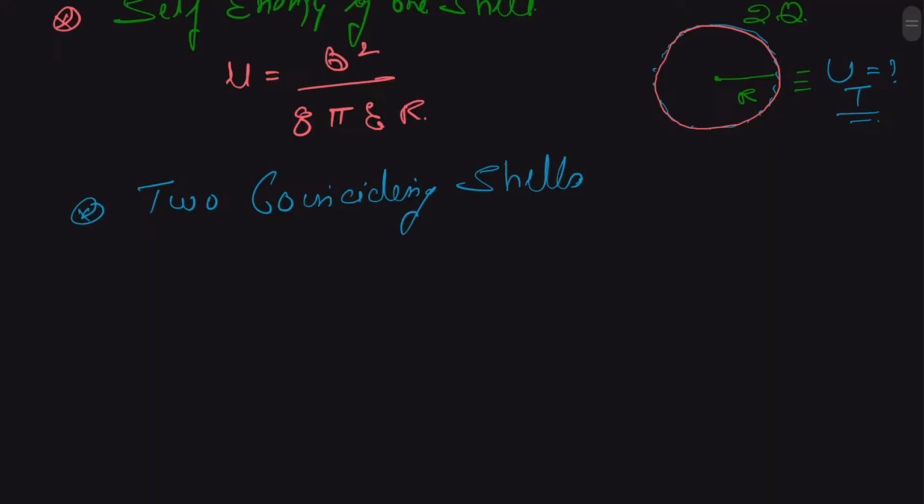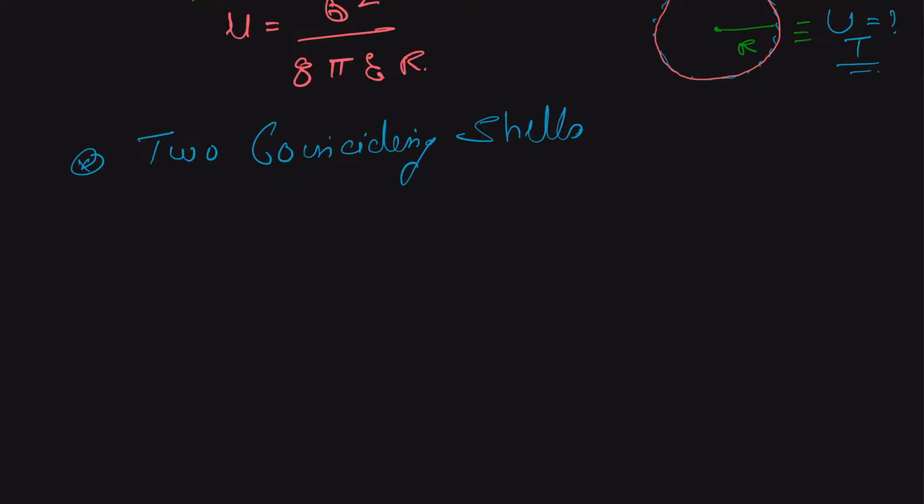And we can divide the energy associated with these two coinciding shells into three parts. First will be the self energy of shell number 1. Second will be self energy of shell number 2, and the third will be the interaction energy between the charges of shell number 1 and shell number 2. So we can divide this total energy into three subcomponents.